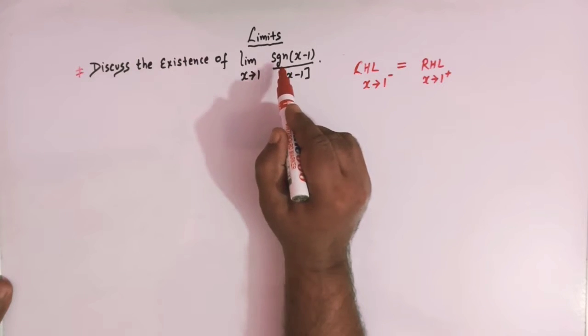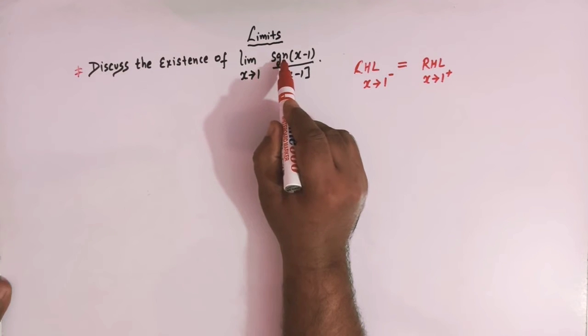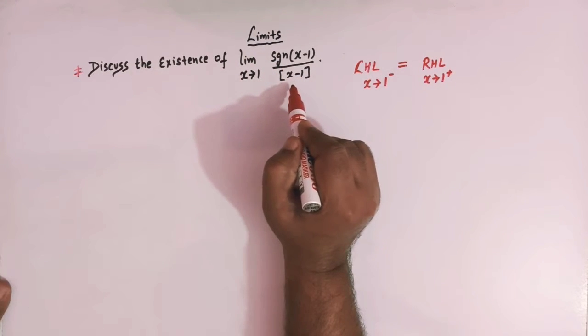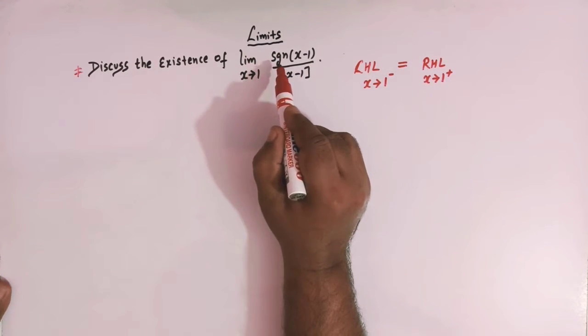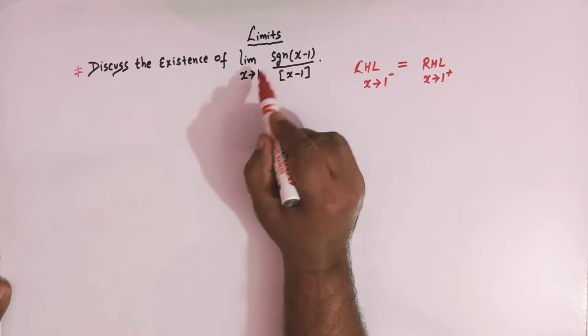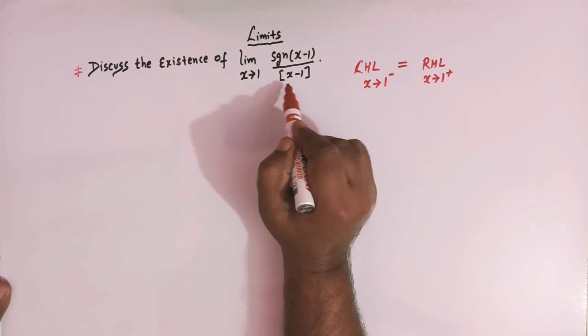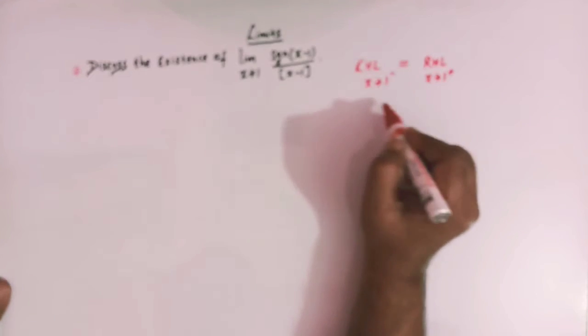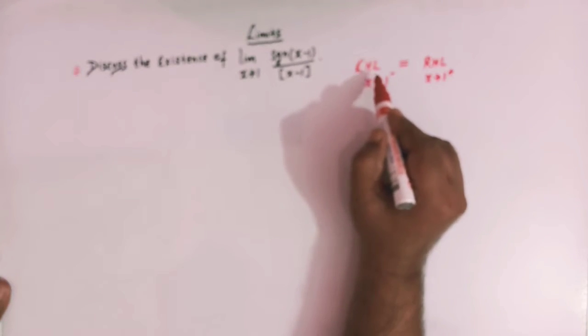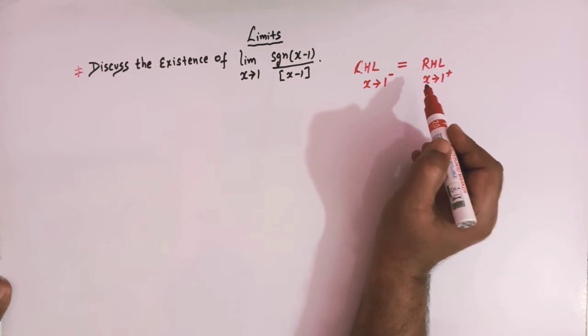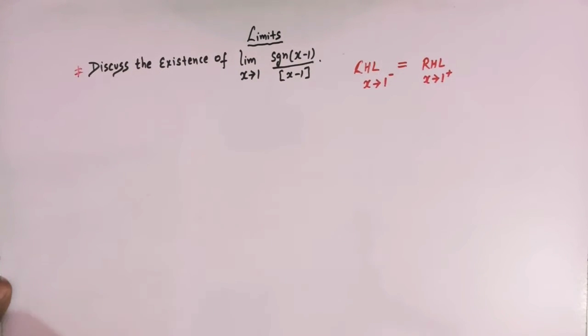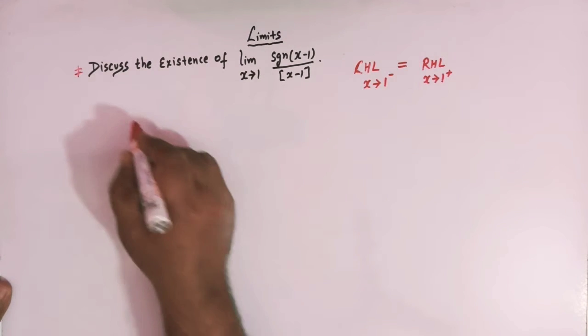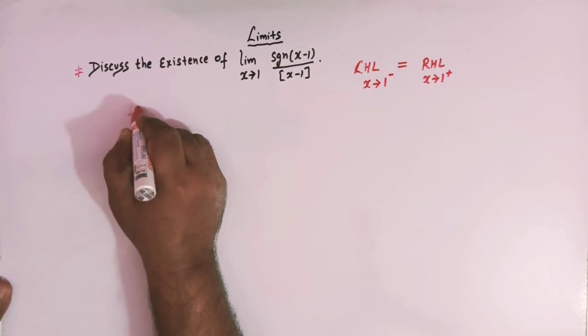So we have to take care of the signum function and the greatest integer function, and we will also utilize the definition of signum function and greatest integer function while evaluating the left hand limit or the right hand limit. So first we will find out the left hand limit.